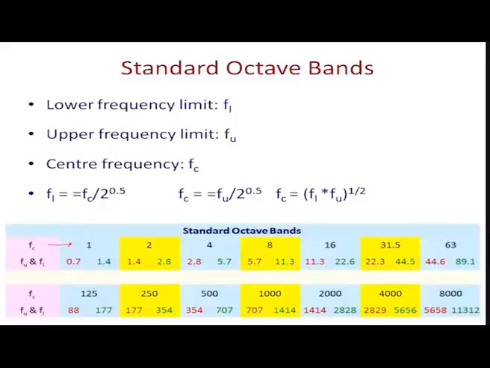One octave band has a central frequency of 1, then the next band has a central frequency of 2, then 4, 8, 16, 31.5 and so on. This band has a lower frequency limit of 1 divided by square root of 2, that is 0.7, and if you multiply it by square root of 2, you get 1.4. Same thing here.